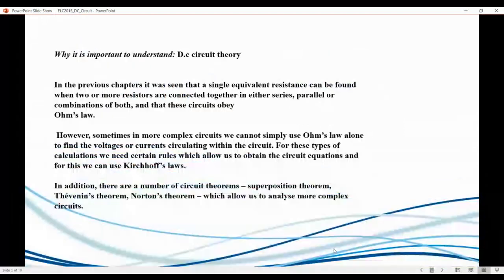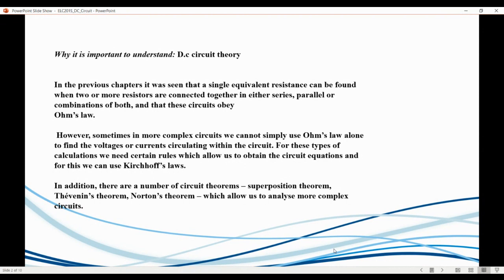Let's go on. So why is it important to understand this circuit theory? In the previous chapters, it is seen that a single equivalent resistance can be found when 2 or more resistors are connected in series, parallel, or a combination of both. And these circuits obey Ohm's law. That is just encapsulating what we've done in the previous lectures: using Ohm's law to find resistance, voltage, currents.